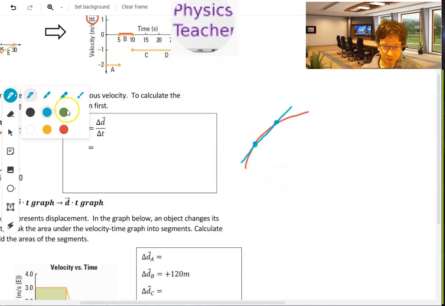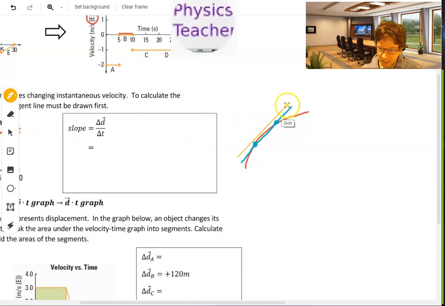However, if I were to draw a line that perfectly touches, so not like this, not like this, but keep going, and it perfectly touches just one point on the line right there, then that is the tangent to that point on the curve. And the slope of that tangent will tell you your instantaneous velocity at that point.